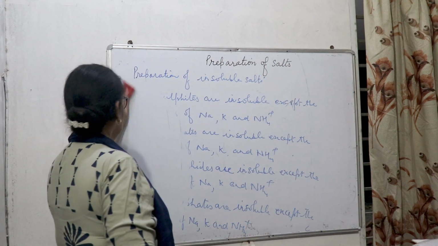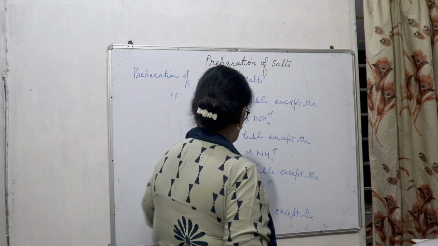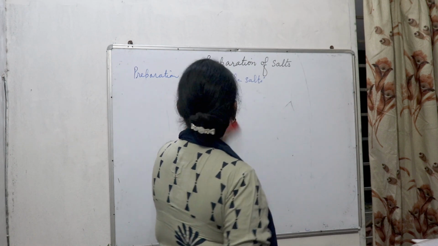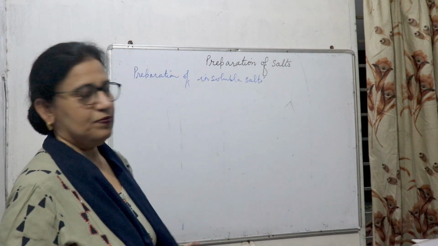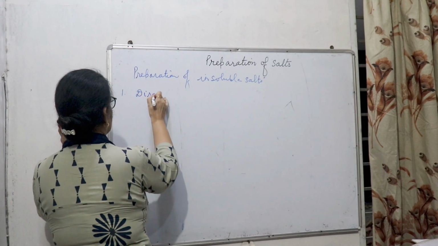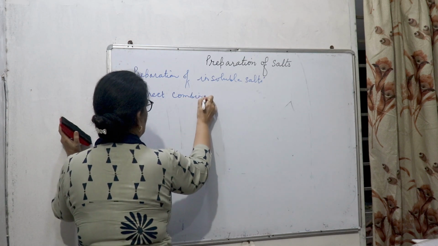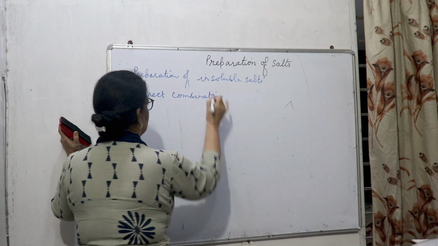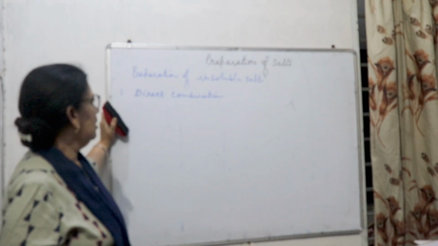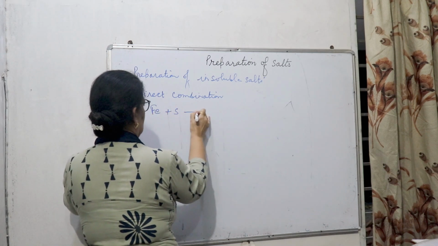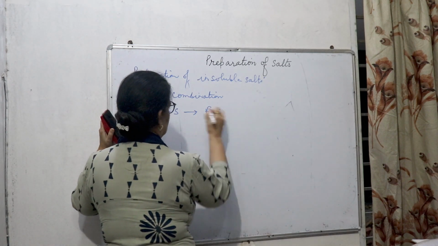Different methods are there. First method here also, that is direct combination. Direct combination means when two elements combine. Fe plus S gives FeS.